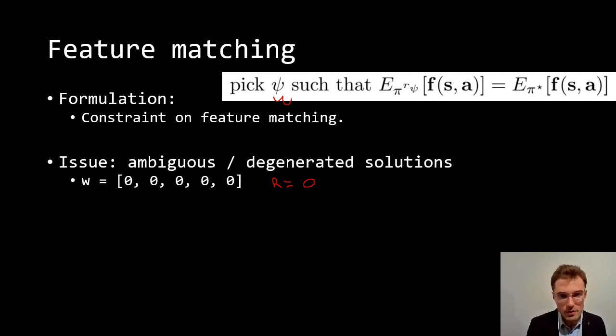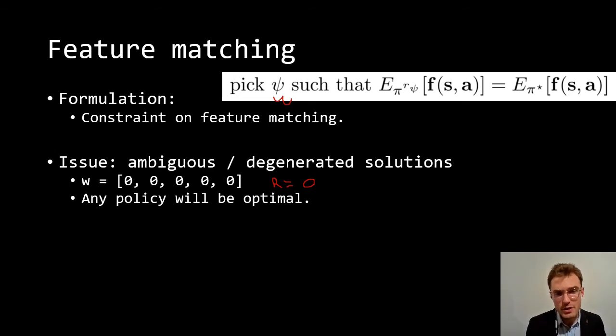That means the return being 0, and all policies will get exactly the same value. Whatever policy you take, it has exactly the same return as the expert one, so any policy will be optimal. In other words, this is a solution where you are matching exactly the constraint above, and you don't want that, because this is a trivial degenerate solution and you want to avoid it.